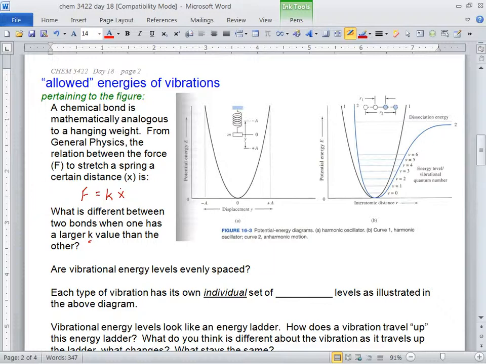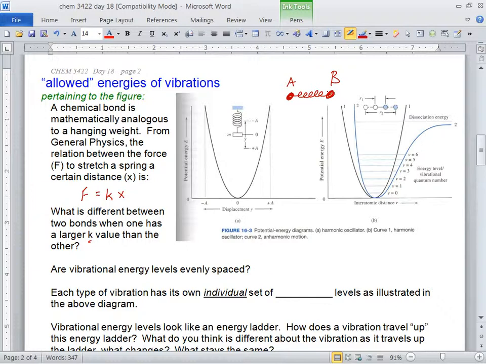What is different between two bonds when one has a larger k value than the other? They're literally saying, here's atom A, here's atom B. Let's make a bond. Draw a little spring in there. The bond is shorter. That's a good difference.